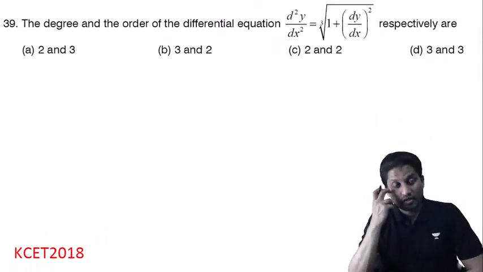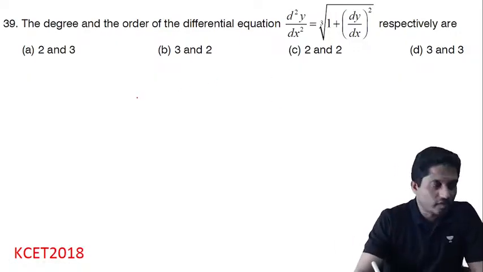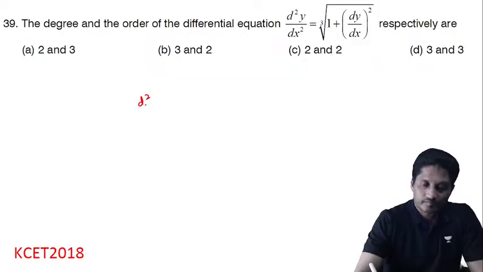The degree and order of the differential equation. This is d square y by dx square is equal to 1 plus dy by dx the whole square, whole to the power of 1 by 3.